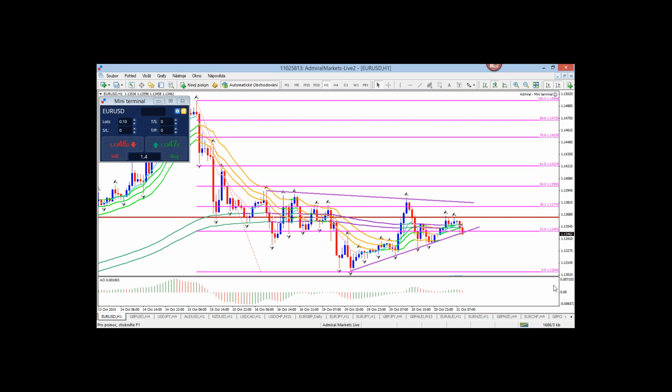And this could easily break like this, and before you know it, it's right back and going sideways again like that. The chance of this happening, in my opinion, is too big for me to really be interested in a breakout to the downside on the euro dollar.